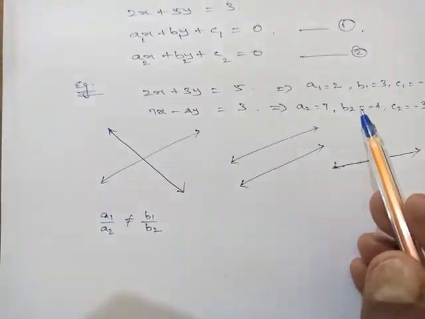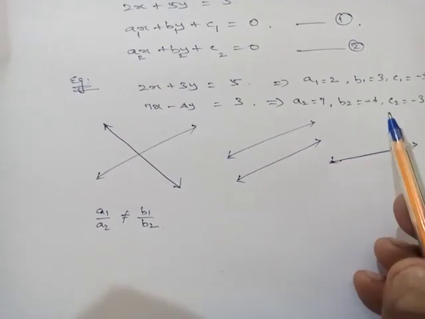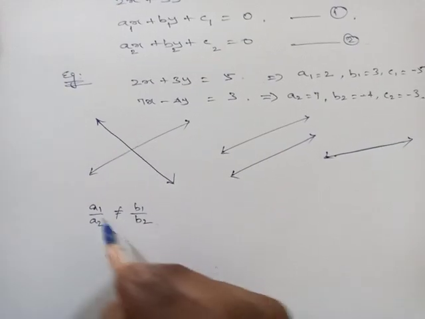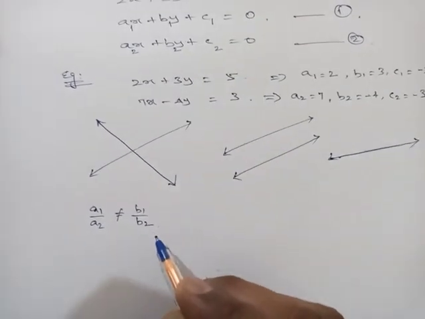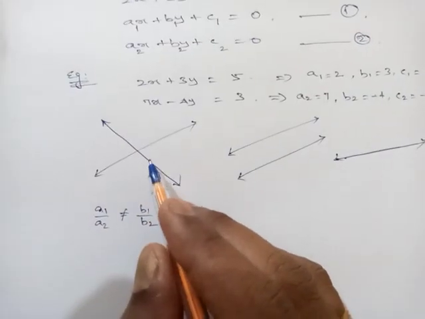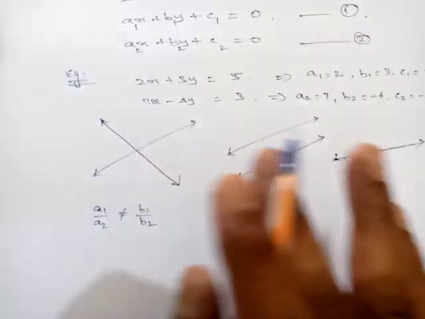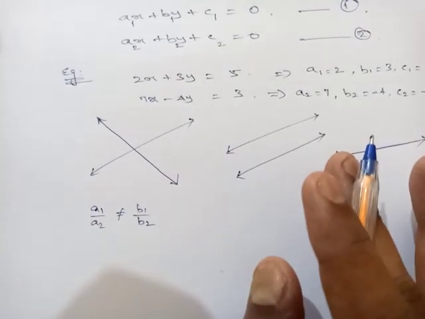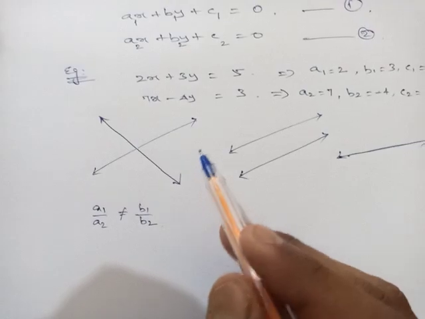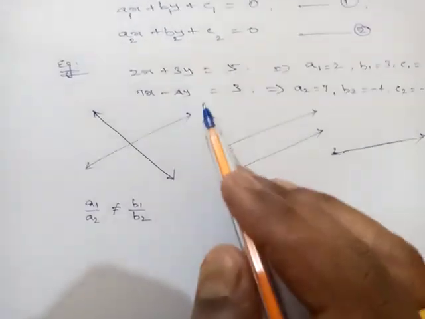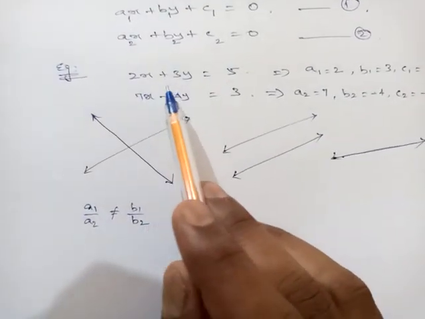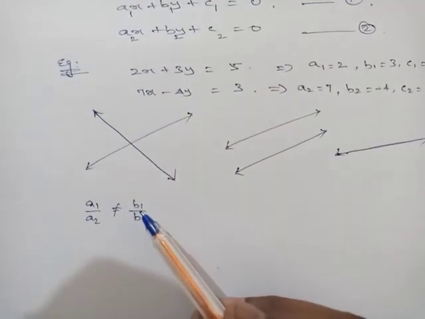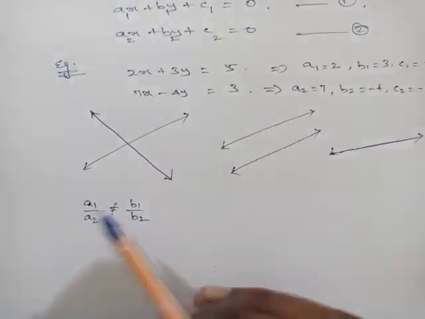Now we know the values of a1, b1, a2, b2, c1, c2, right? So if a1/a2 is not equal to b1/b2, these two lines will intersect. There is no need to plot these points in the graph and then analyze whether the two lines are intersecting. Directly, by going through the coefficients themselves, we can say these two lines will intersect.